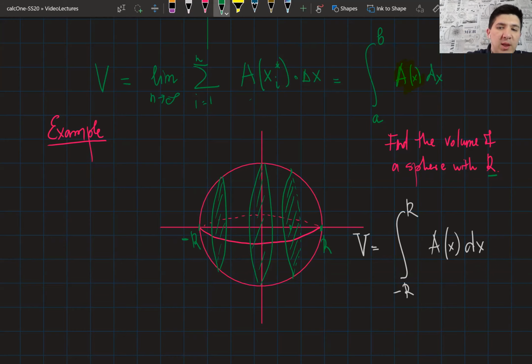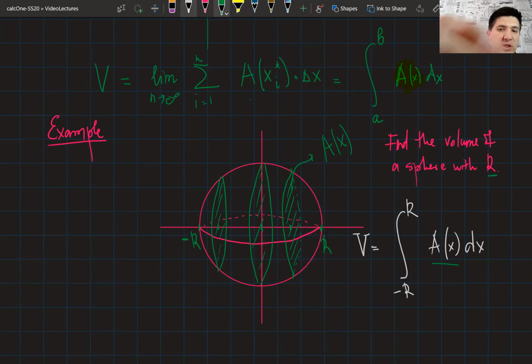So finding this function is one of the most important parts of our work. So basically, do you see here? Depending on which point on the x-axis we're choosing, the area of the slice is going to be different, right? So obviously it depends on x. So we need to figure out the function which is going to give us the area of the slice depending on where we are.